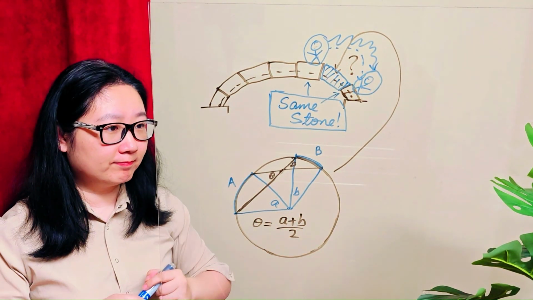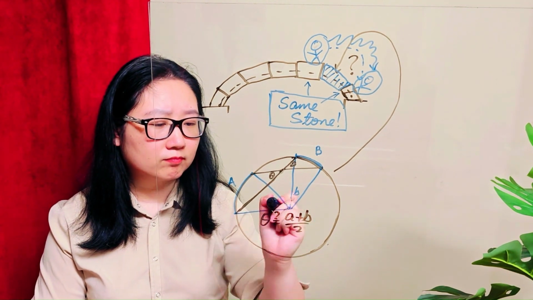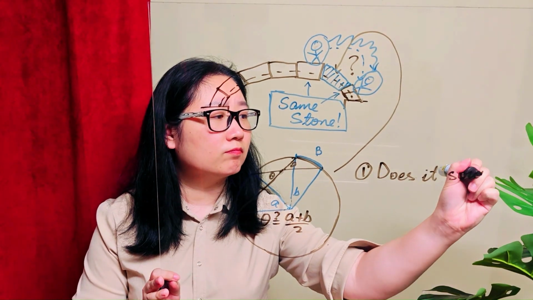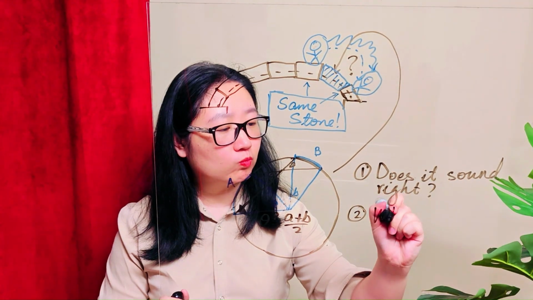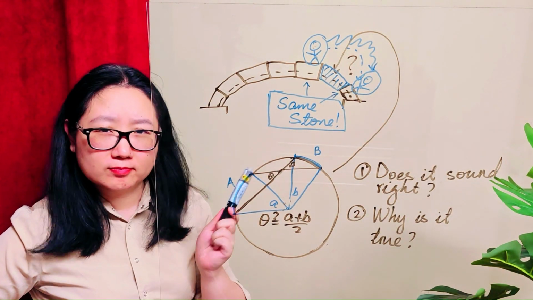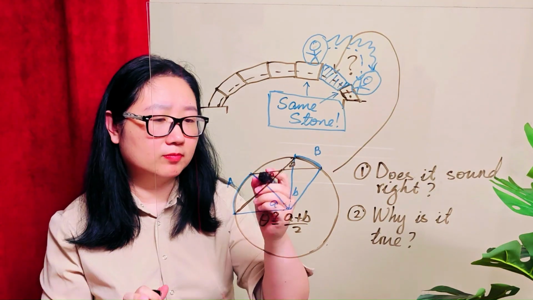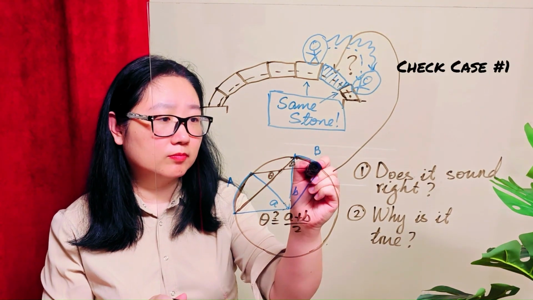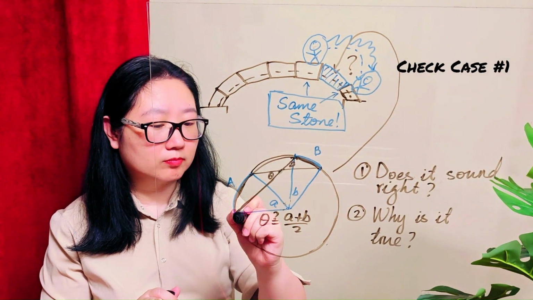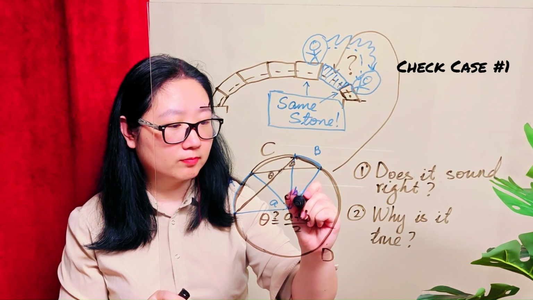But to make sure it is a solid piece of stone, we need to ask a couple of questions. Does it sound right? And why is it true? In that order. First, does it sound right? This is where I try to convince myself if it's true, using examples. If this theorem is true for the 2 arcs we chose, it should also work for the 2 arcs we left out in the circle.